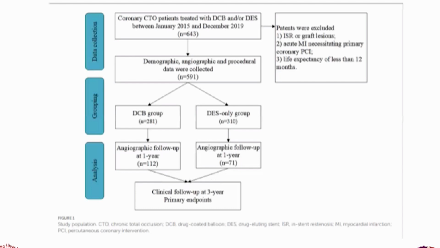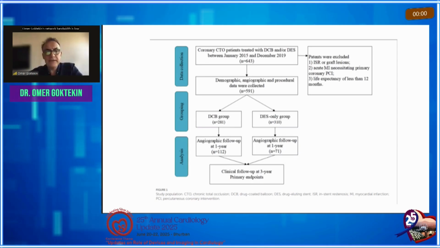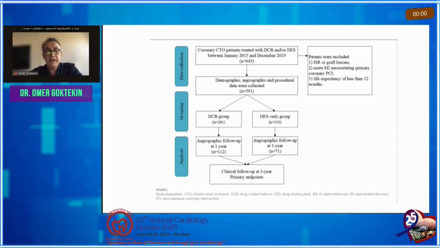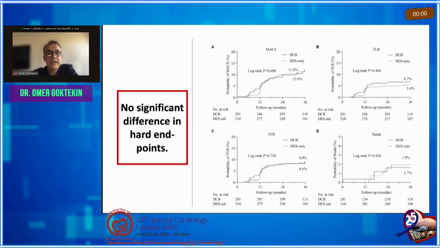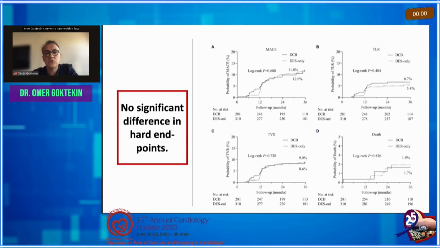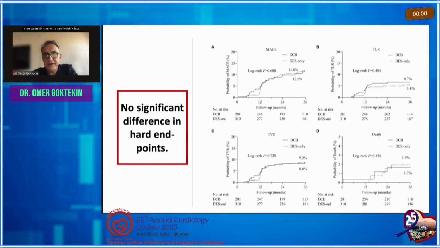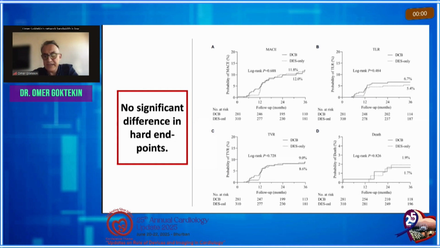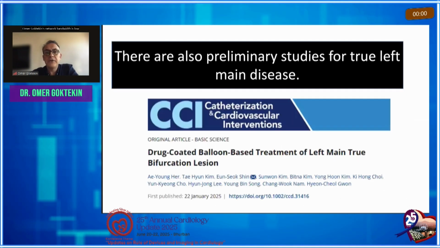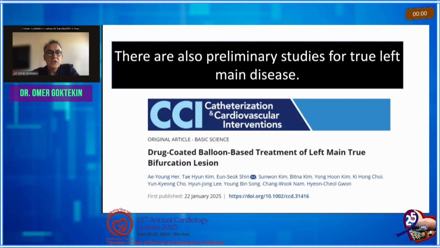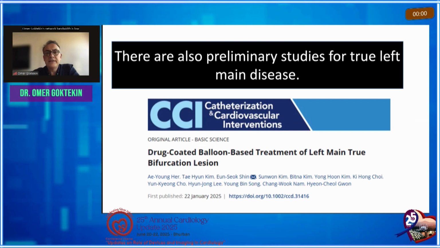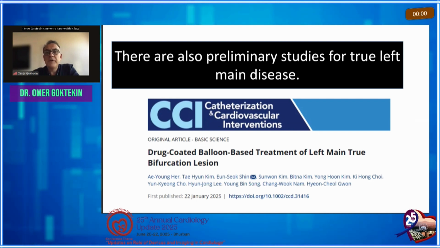They studied 643 patients, DCB group versus DS group, and they had angiogram follow-up at 1 year in some patients, and clinical follow-up at 3 years as the primary endpoint. They showed no significant difference between the two groups in MACE, TLR, TVR, and death. So in the study, they show that DCB is not inferior to DS.